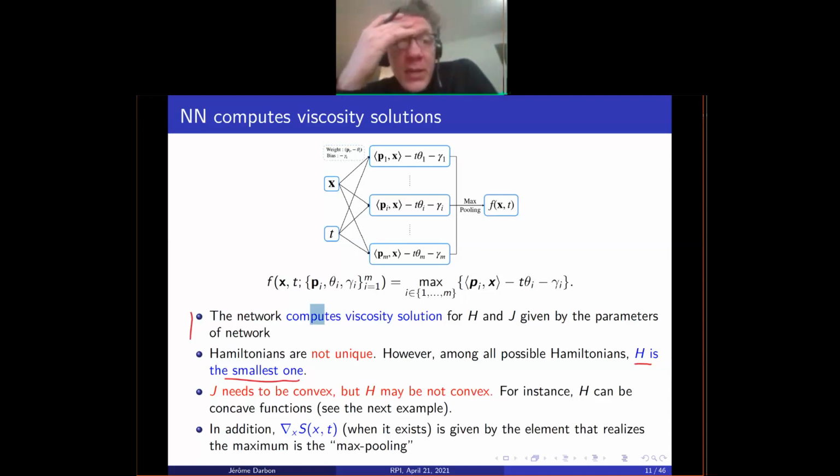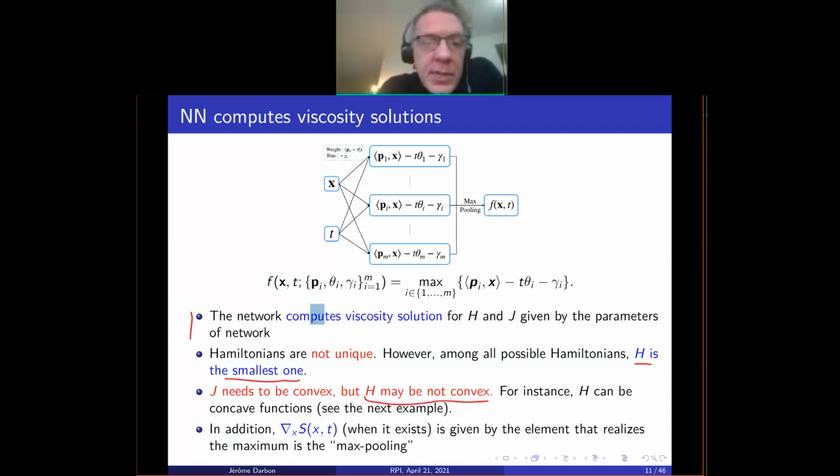It is required for this architecture that the initial data is convex, but the upshot that you get is that h may not be convex. H, for instance, can be concave, and that's totally fine for this architecture.